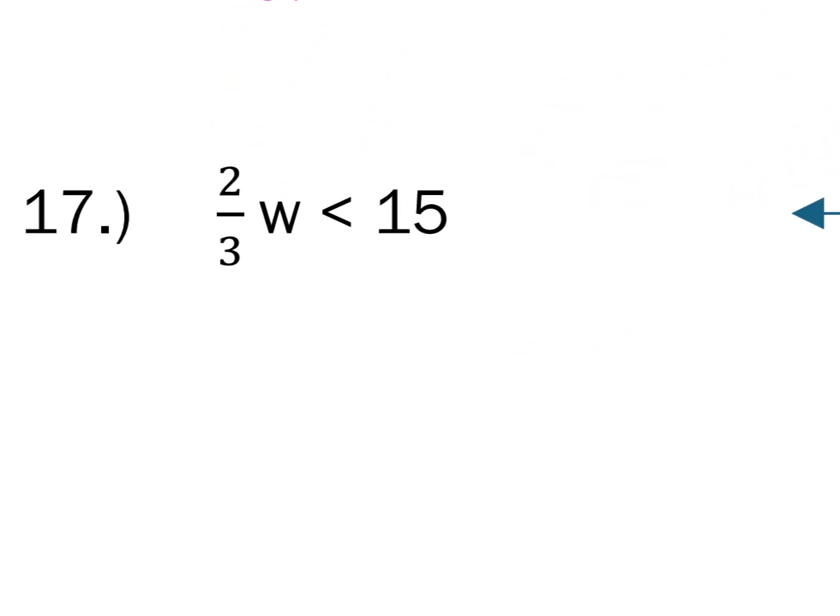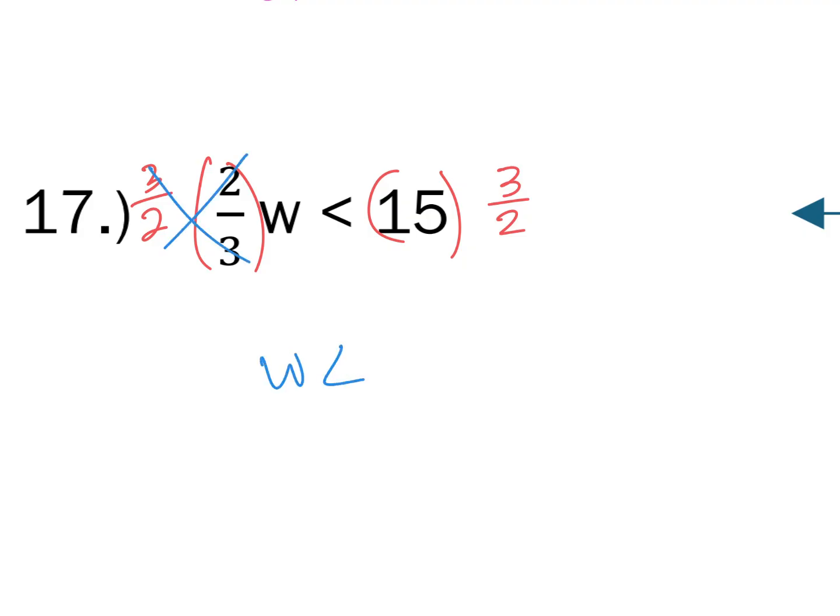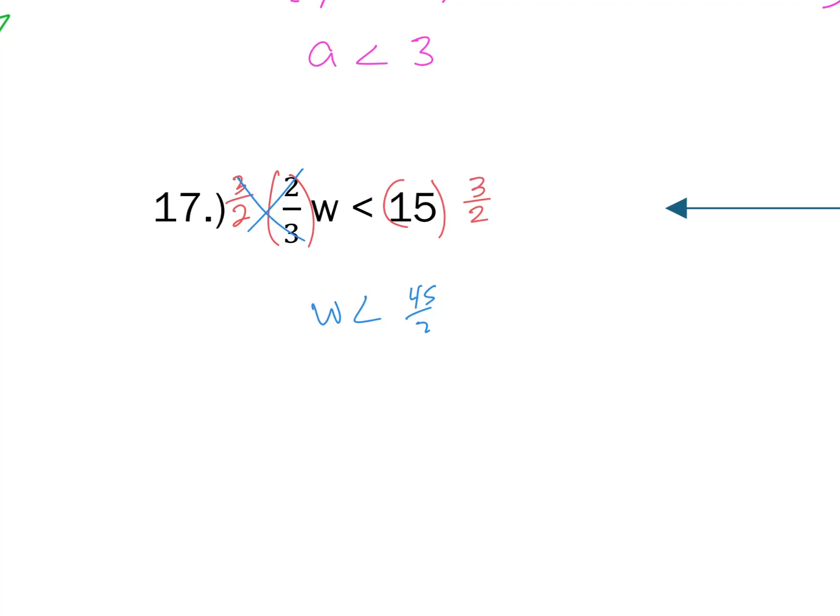Last one of these, we have 2/3 W. 2/3 times W is less than 15. However you want to solve this, go for it. If you want to multiply by 3/2, cool. If you want to divide by 2/3, cool. You literally do the same thing either way. And what we get is 45/2, which is 22.5.